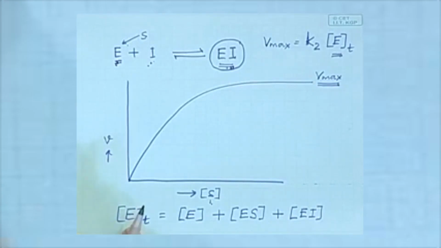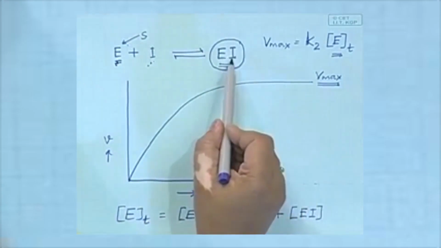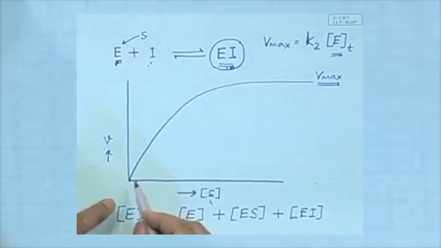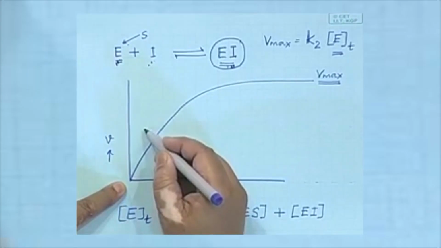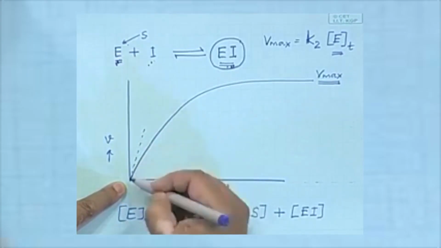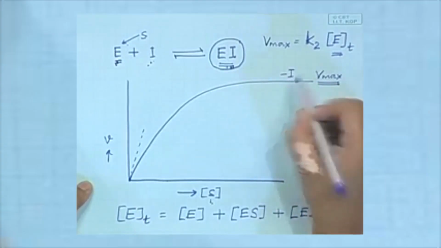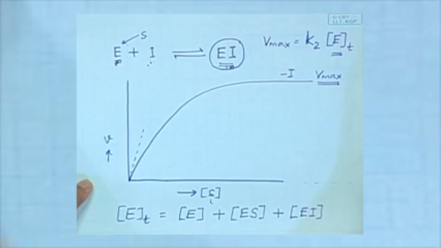That is my total enzyme, but since we have an equilibrium here, I will not start off with the same velocity as I had when I had no inhibitor. This is minus inhibitor. If I have inhibitor, what is going to happen to the velocity of the reaction?